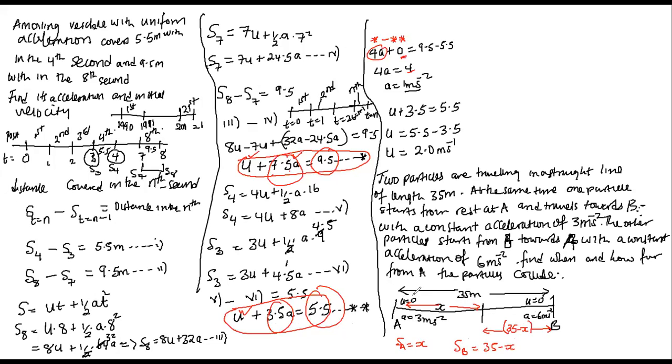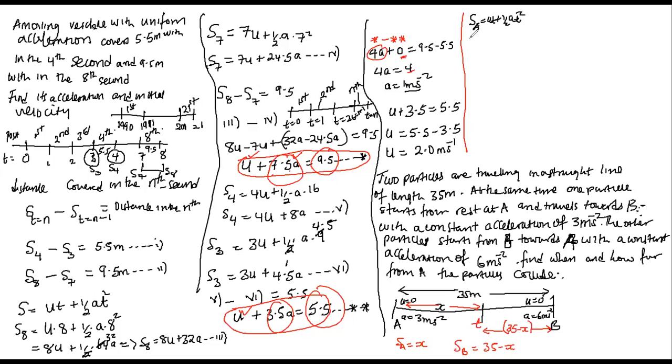But since they began at the same time, the time they take, T, is the same. The distance for A is equal to UT plus a half AT squared.